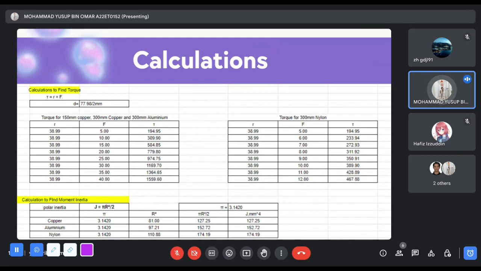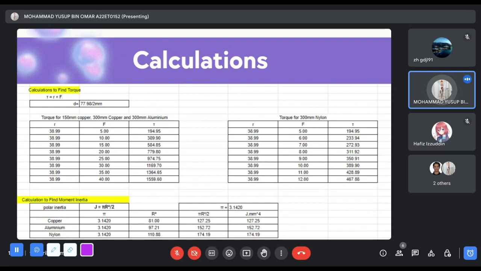As we know, torque equals R, which is radius, multiplied by force. So we have the diameter of the circle at the fixed point, which is 77.98. To get the radius, we need to divide by 2.